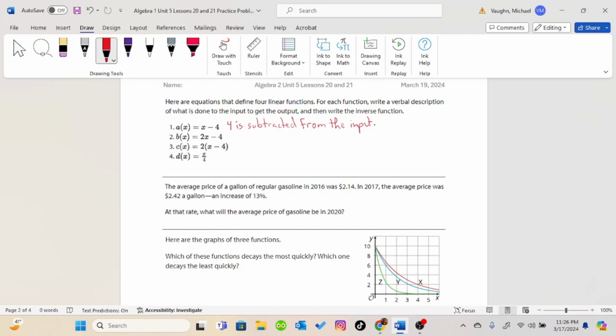The inverse would be x equals a of x plus 4, because we would add 4 to each side to get x by itself.